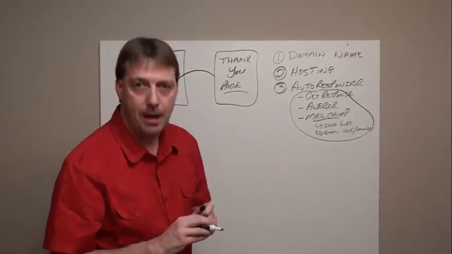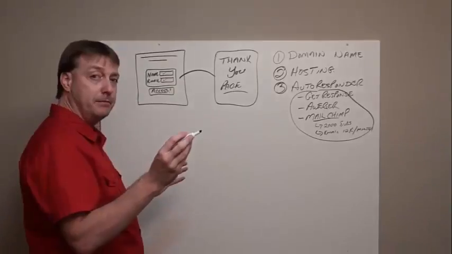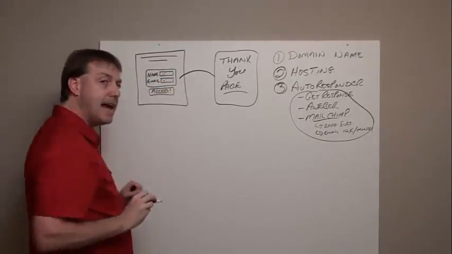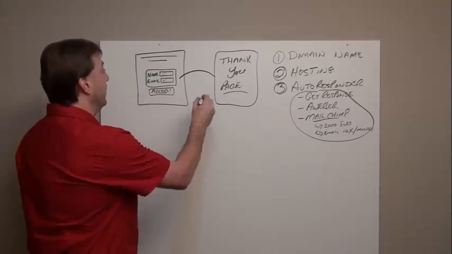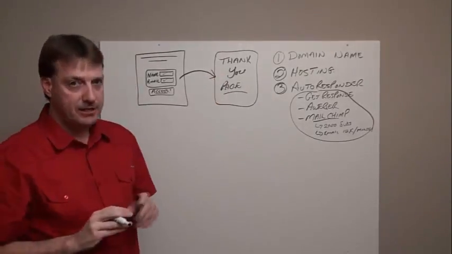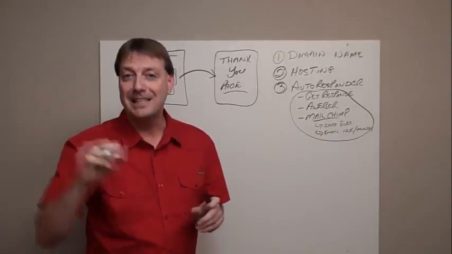Let's say we're doing a double opt-in. Your subscriber, the person visiting your page, is going to enter their name and email address, and click the access button. They're going to get sent over to the thank you page, and your thank you page is going to say, thank you for subscribing to XYZ.